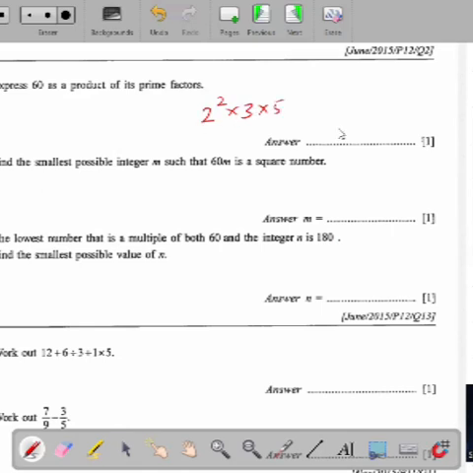The prime factors of 60 are 2 squared multiplied by 3 multiplied by 5. Express as a product means you will have to use multiply signs between them.